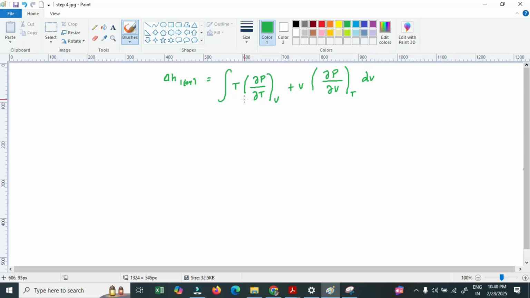Now we have derived these expressions, that is dou P by dou T at constant volume and dou P by dou V at constant temperature, from the Redlich-Kwong equation. I'll be substituting and simplifying the equation.